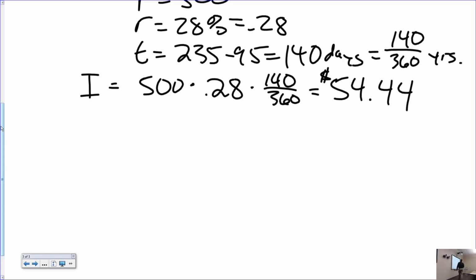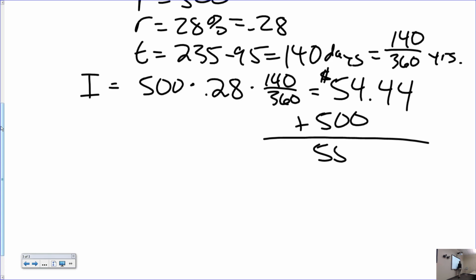Add 500 plus 54.44, because that's the interest and this is the principal. Not 5,544, but you're going to pay back $554.44 to close out that loan.